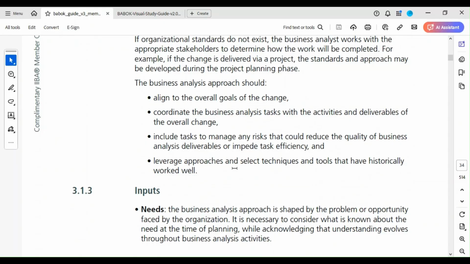Okay, so if organizational standards do not exist, if you come into an organization and there's no standard, the business analyst works with the appropriate people to determine how the work will be completed. So you meet the appropriate stakeholders, maybe the SMEs or even your sponsor, so that you will determine how this work can be completed.